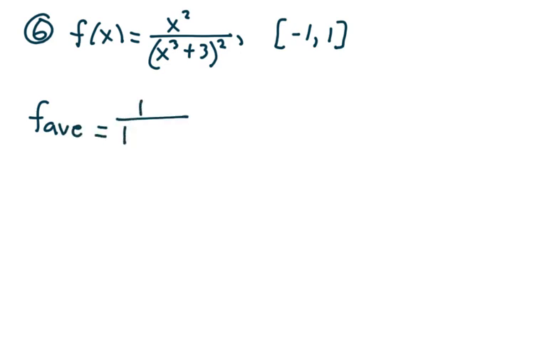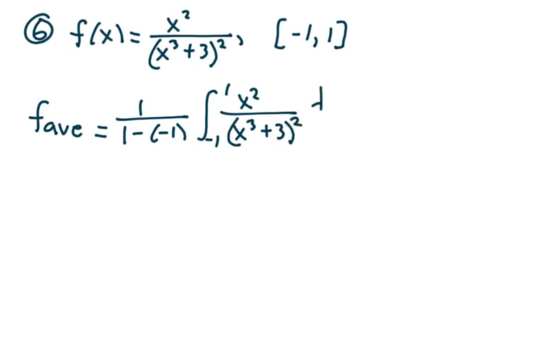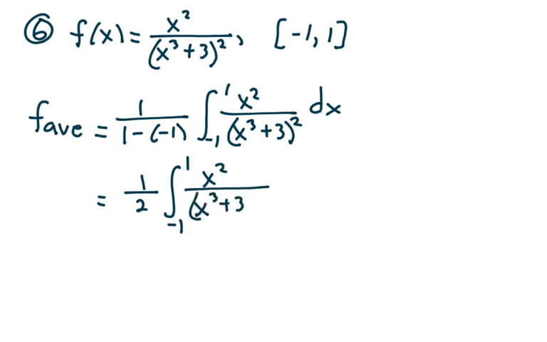And that's 1 over 1 minus -1 times the integral from -1 to 1 of x squared over x cubed plus 3 to the second dx. Now, I'm going to try something with you here. So 1 minus a -1 is 2, so we get 1/2 the integral from -1 to 1 of x squared over x cubed plus 3 to the second dx.